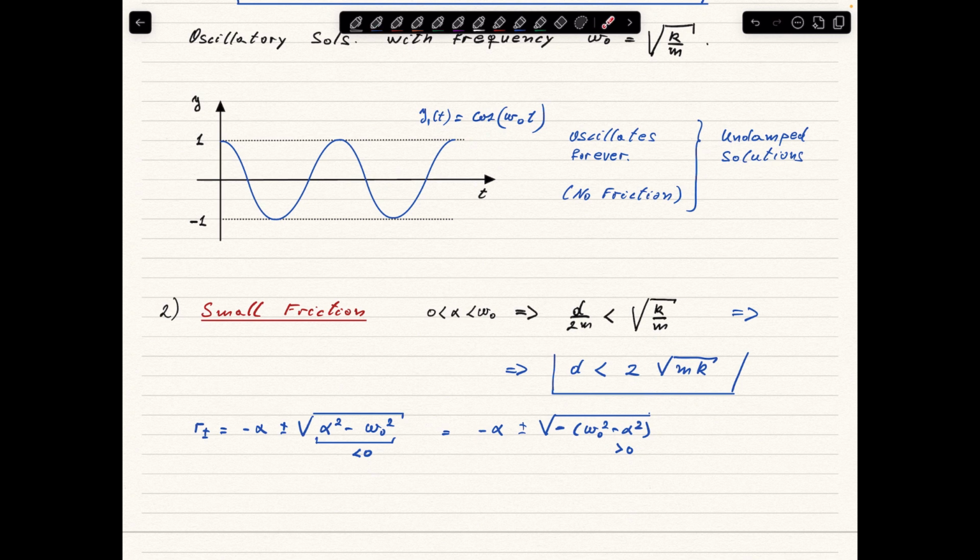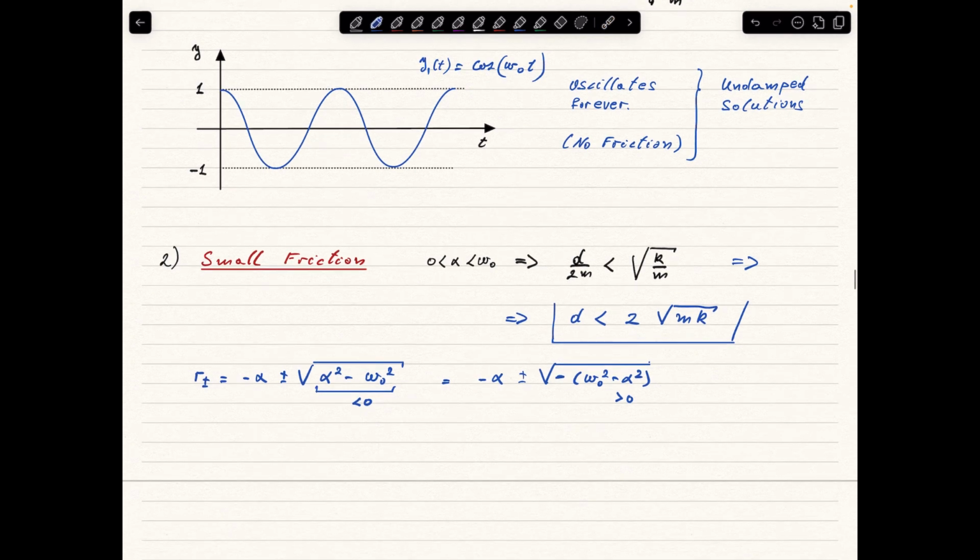We write it like this because this number is positive because of this condition, but what we have inside the square root is the negative of that, and that means that the roots have an imaginary part. So now we can write the roots as minus alpha plus minus the square root of omega 0 square minus alpha square, multiplied by i.